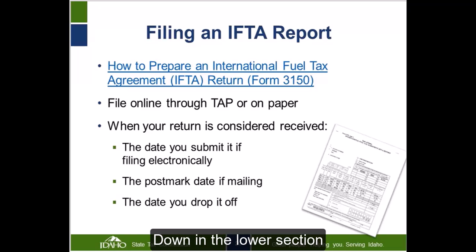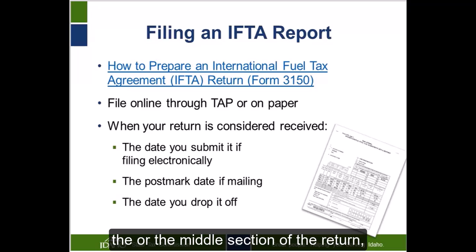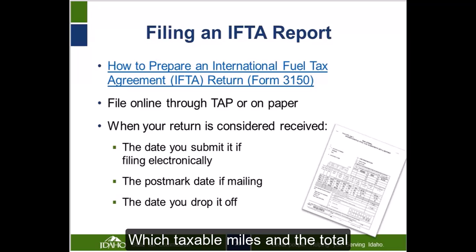And then down in the middle section of the return, it's each jurisdiction. You have the tax rate, you have the taxable miles, and the taxable miles and the total miles for each jurisdiction should equal each other in most situations.